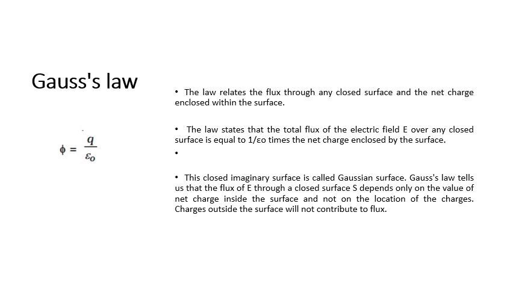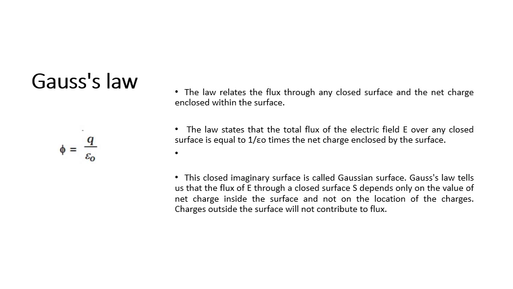We have learned what is Gauss law for electrostatics in the last lecture. Gauss law relates the flux of any electric field through a closed surface and the net charge enclosed within the surface. The Gauss law is used to calculate electric field.